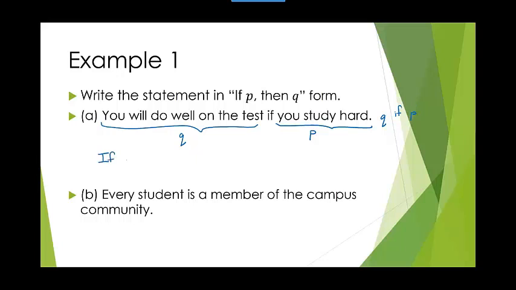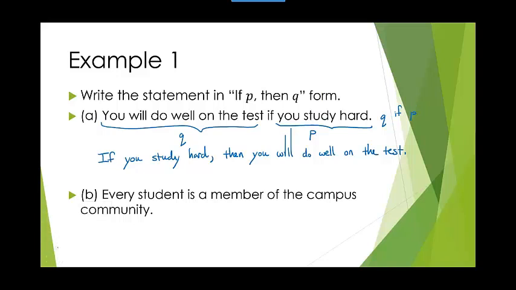So you'll have if you study hard, then Q, you will do well on the test. Hopefully if we step back and look at these two sentences, we can see they say the same thing. You will do well on the test if you study hard, versus if you study hard, you will do well on the test. Those two things are the same.